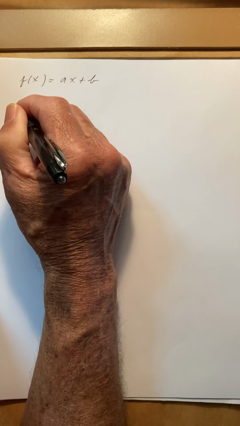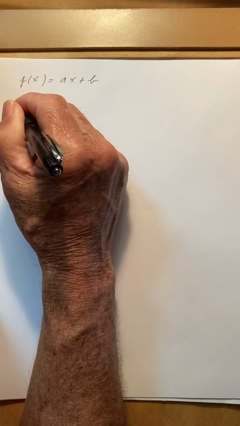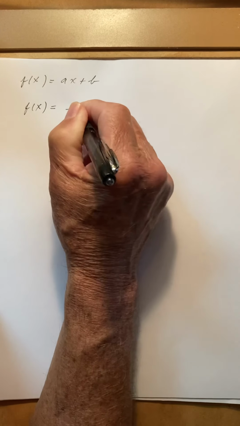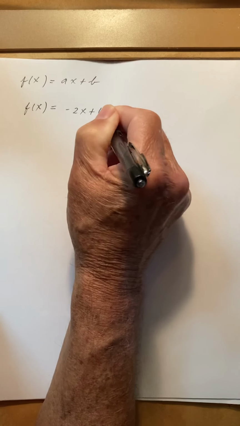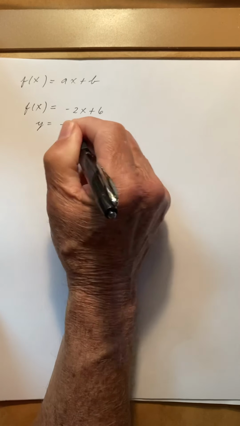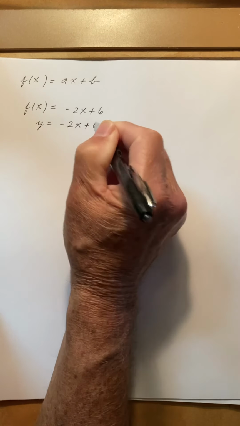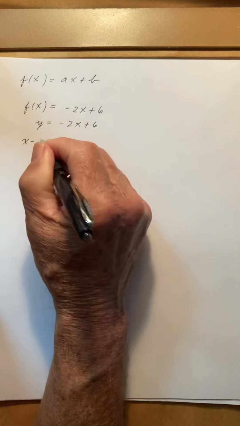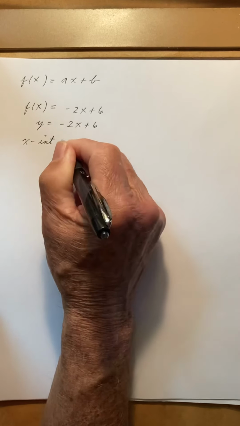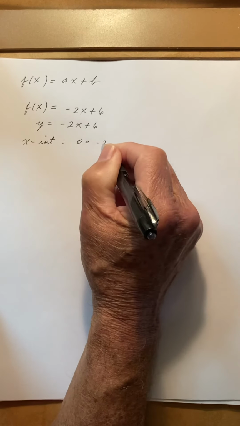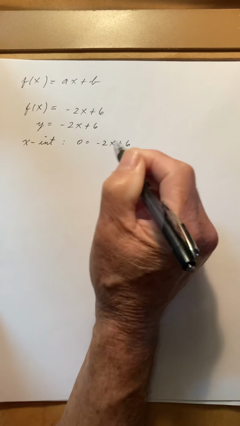So for our first example, we'll be graphing f of x equals negative 2x plus 6, which is the same as y equals negative 2x plus 6. So to find the x-intercept, we let y be 0, so 0 equals negative 2x plus 6.